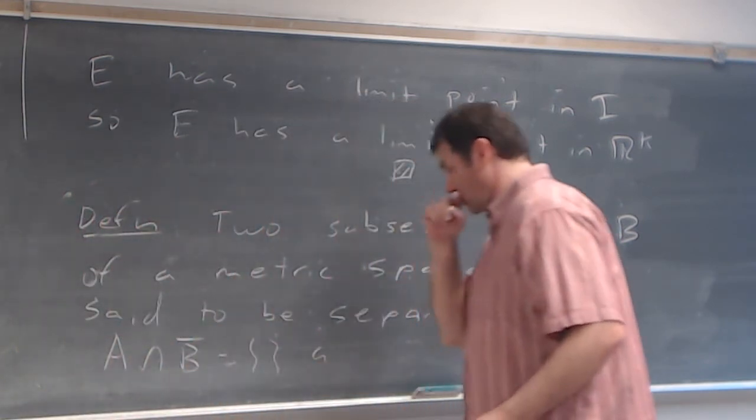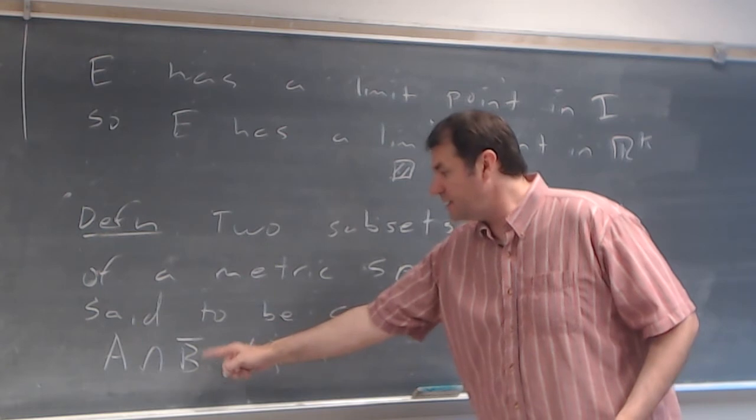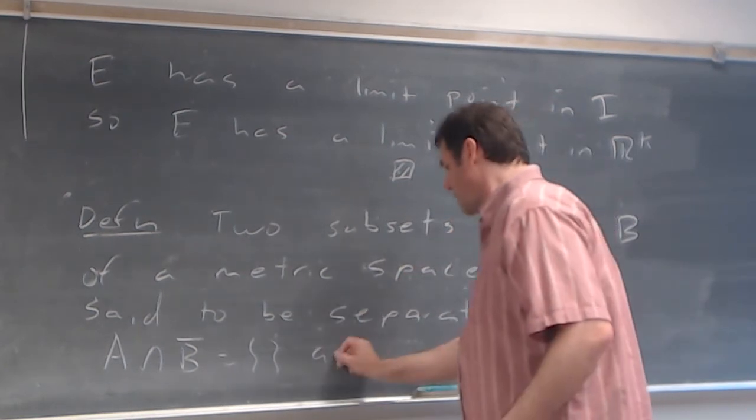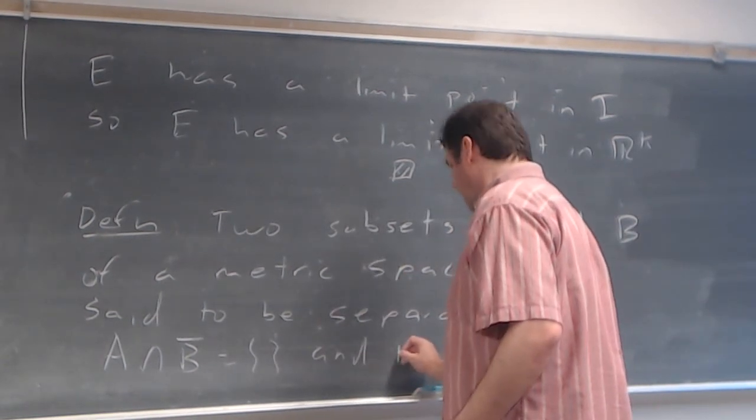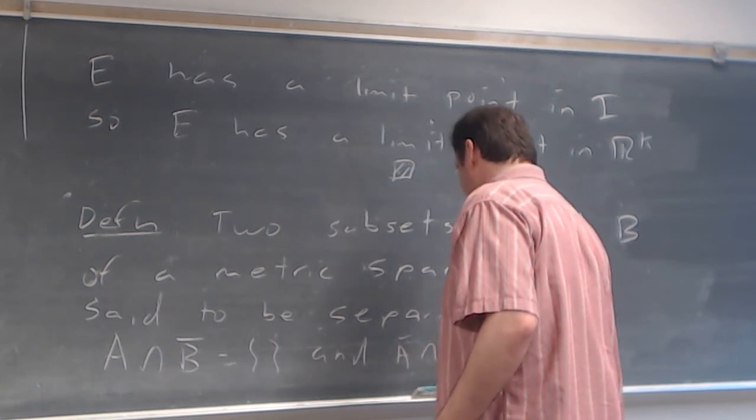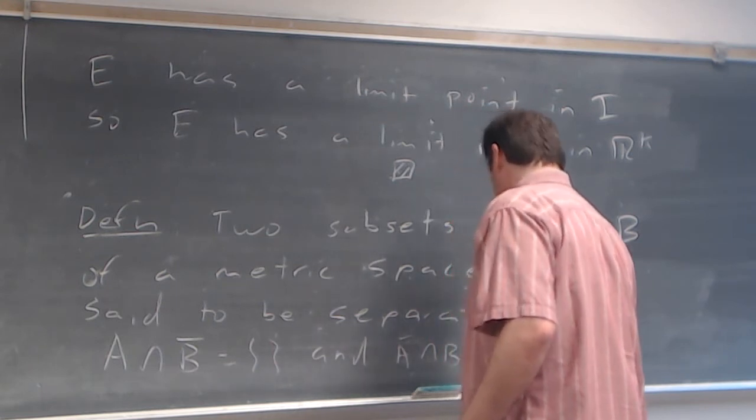So what's B closure? It's B union its limit points. And A closure intersect B is equal to the empty set.